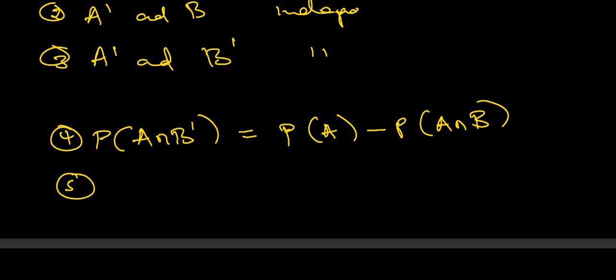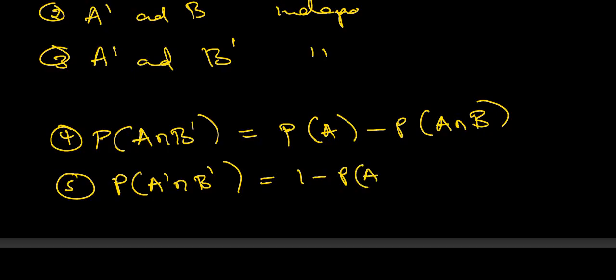Fifth property is that the probability of A complement intersection B complement is the same as 1 minus the probability of A union B. Yeah, because you can take the complement outside, right?